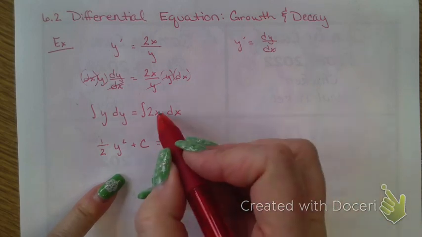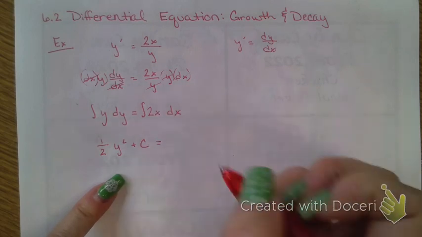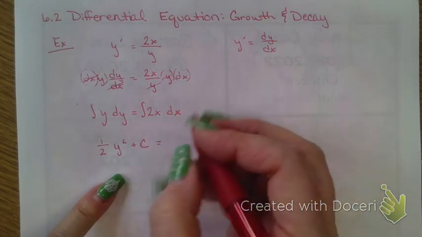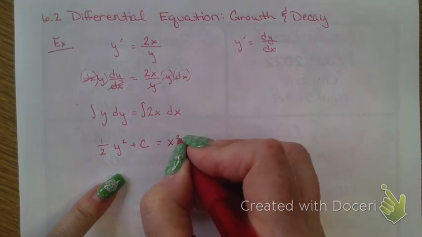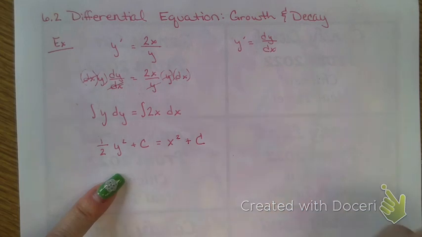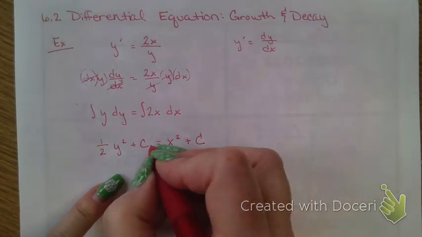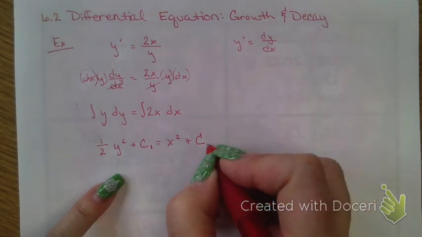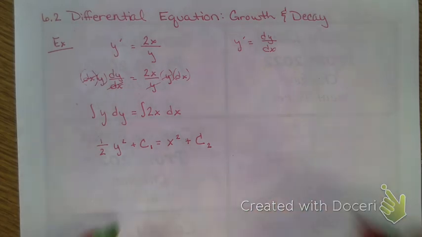And on the right, what do we got? 2 over 2 would be 1, so x squared plus c. And this c, we're going to call it c1 and c2. But those are just constants, correct?